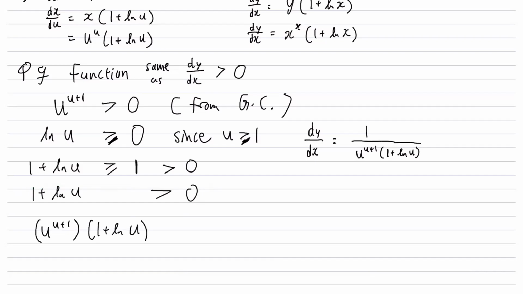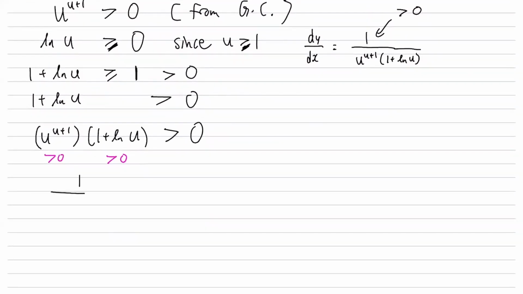We know the first is more than 0, the second is more than 0. Multiply together, it becomes more than 0. Positive times positive gives you positive. The 1 is also positive, right? So what happens when you take positive over positive? Still positive. So 1 over u power u plus 1, bracket 1 plus ln u, which is positive over positive, is more than 0.